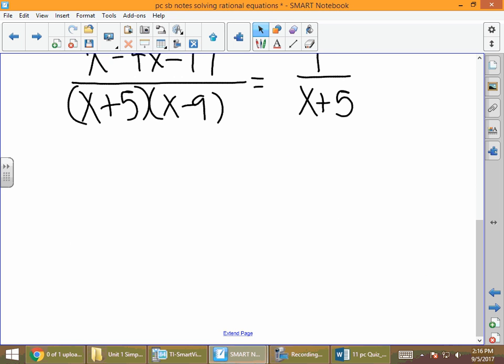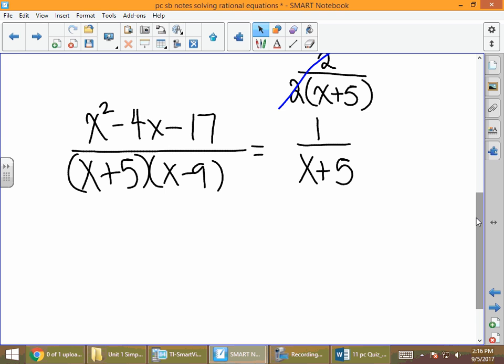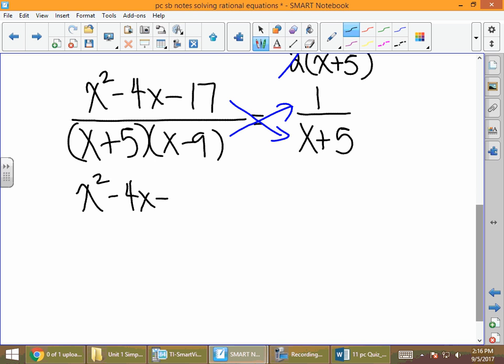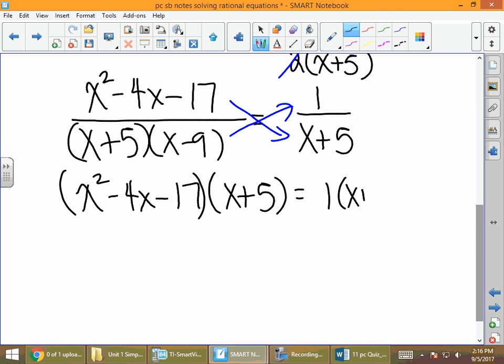Now we have one fraction on the left, one fraction on the right. We can cross multiply. And we have x squared minus 4x minus 17 times x plus 5 equals 1 times x plus 5 times x minus 9.